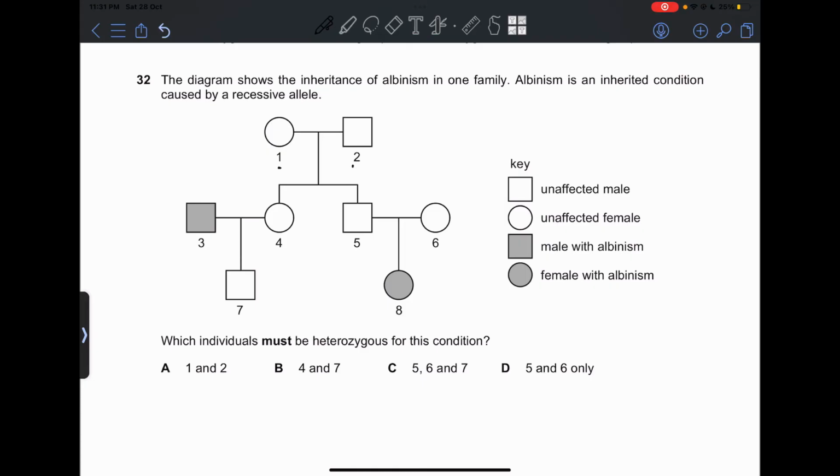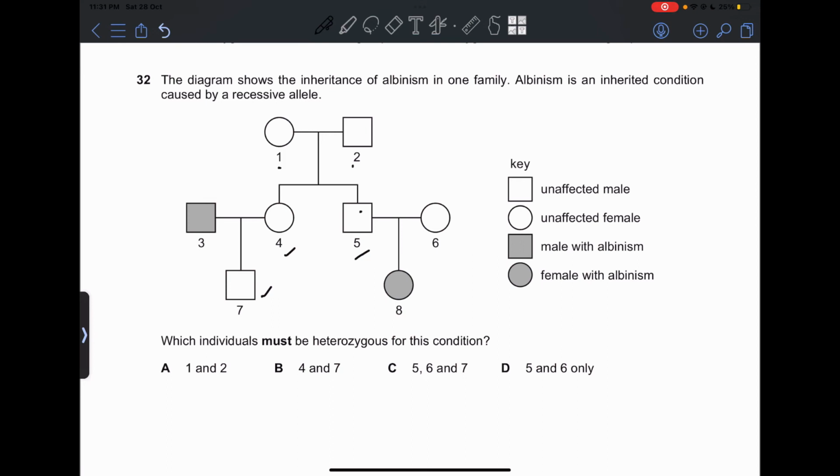They have given birth to 4 and 5. 4 got married to a person with albinism and they give birth to an unaffected male. So number 5 and 6, they are both unaffected and they gave birth to a female with albinism.